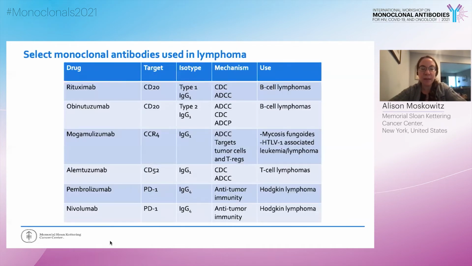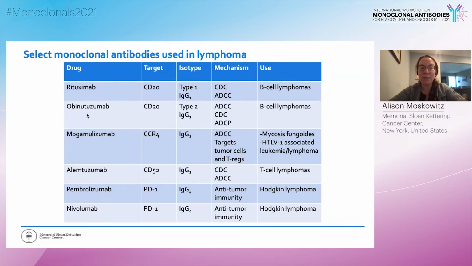Here are some of the main monoclonal antibodies that we use in lymphoma. This is not an exhaustive list, but these are some of the most common ones. We have rituximab, which targets CD20, which is almost universally expressed on B-cell lymphomas, as well as normal B cells. This is an IgG1 type monoclonal antibody and works by complement-dependent cytotoxicity as well as antibody-dependent cytotoxicity.